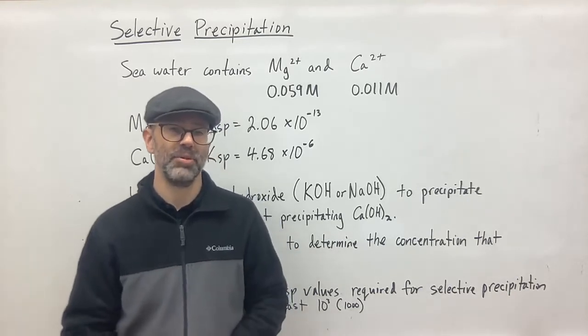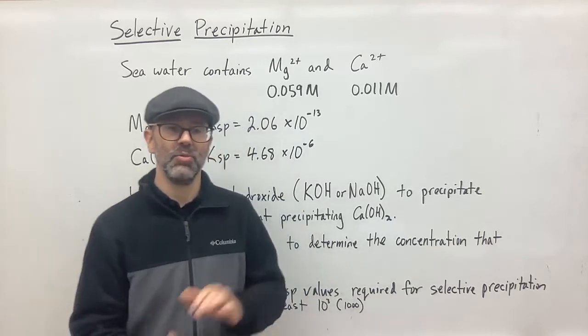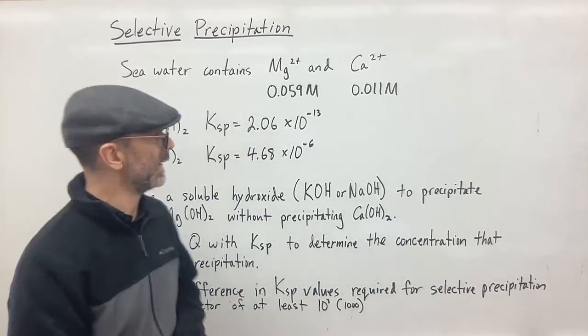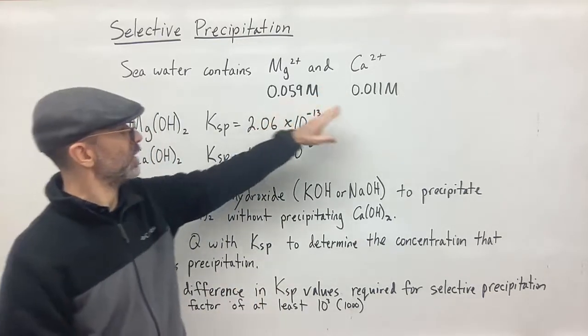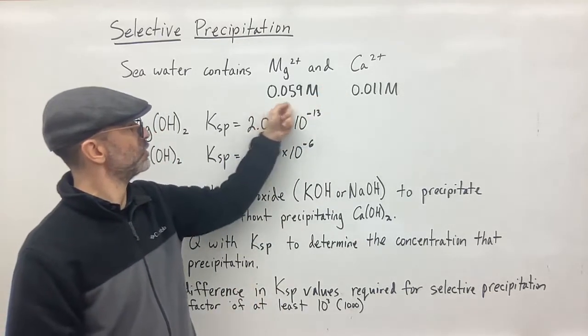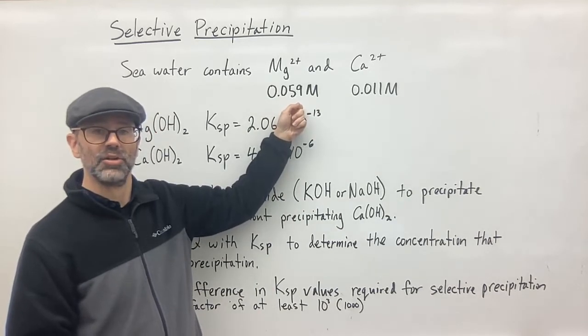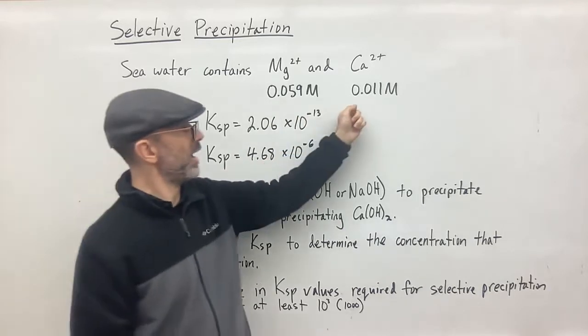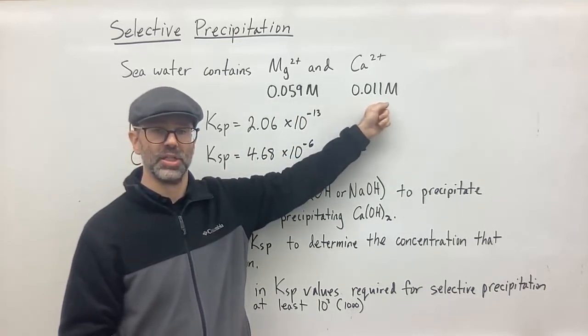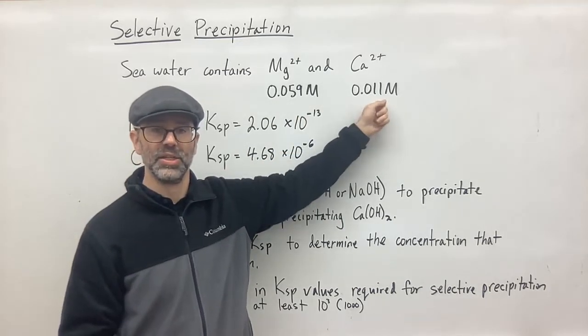So here's an example. Let's say you have some seawater. We know that seawater contains magnesium and calcium at this level here. So here we have the concentration of magnesium in your seawater, 0.059 molar. And here we have the molarity or concentration of your calcium in seawater.